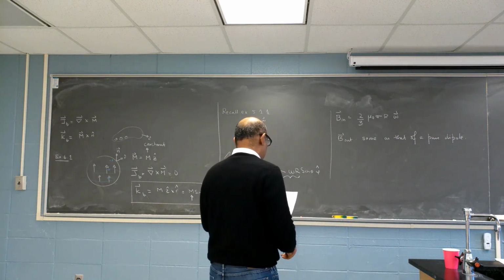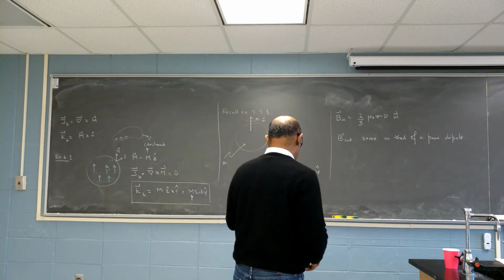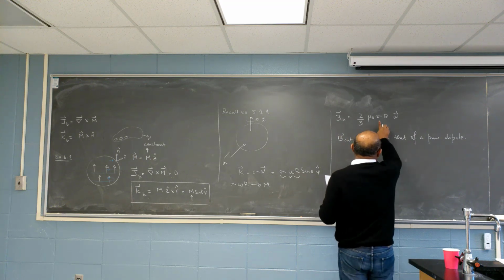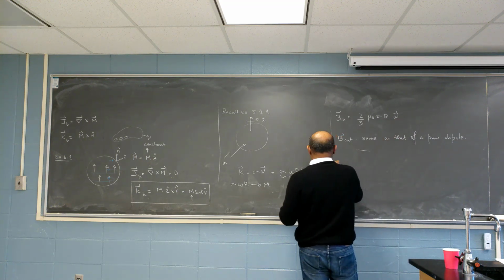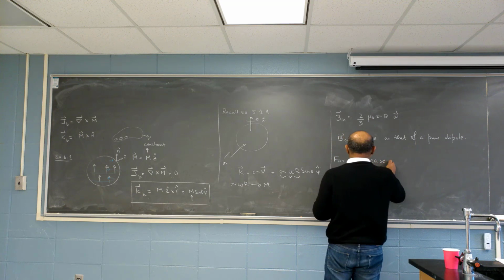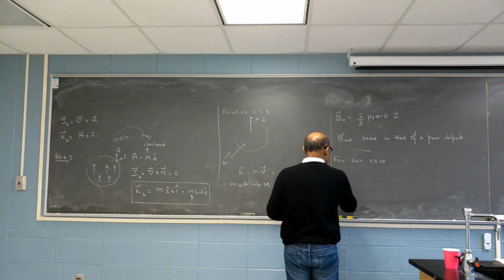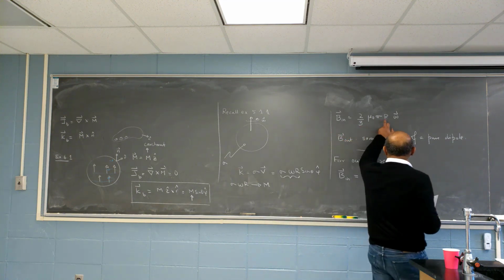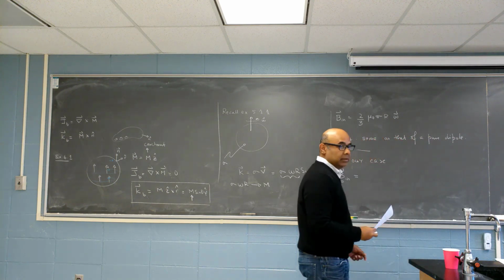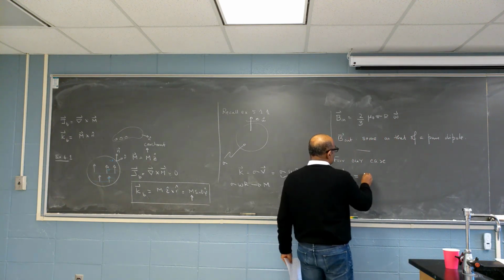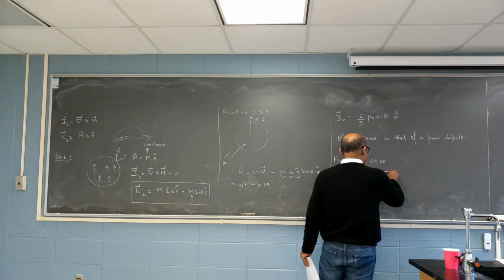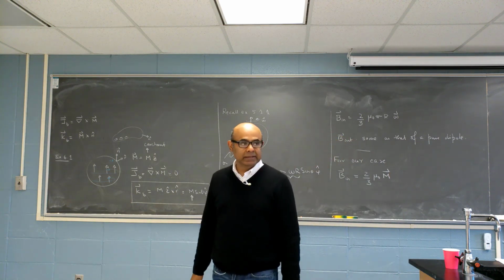So all we have to do is make the analogy. For our case, and I'm going to write both of them down, B in: sigma R omega is replaced with M, and you will find 2/3 mu 0 M. It's a uniform B inside.